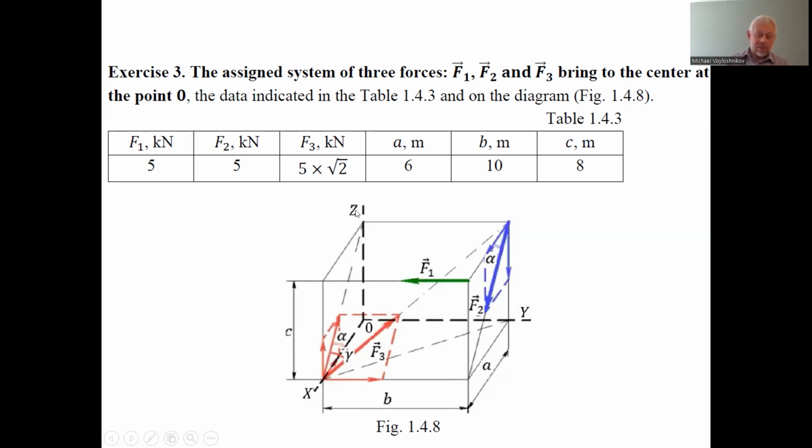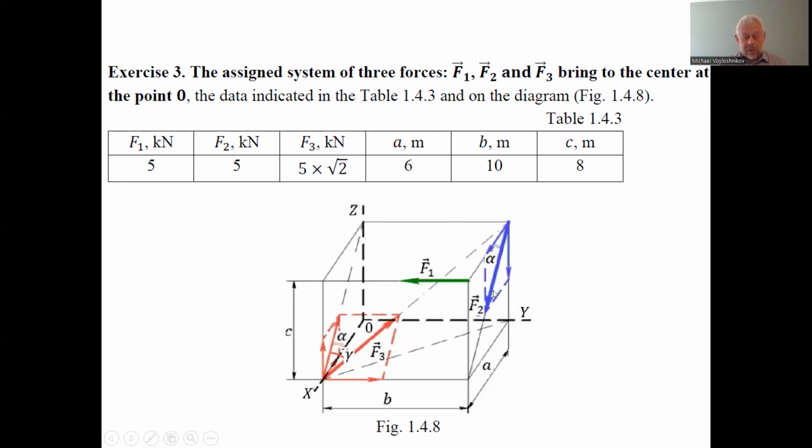If we are talking about the moments relative to the z-axis, first we have to indicate that the force F1 rotates clockwise, and the arm is A of force F1. For the force F2, the decomposition on the horizontal component causes the moment relative to the z-axis because the vertical component is parallel to the z-axis and does not cause a moment relative to the z-axis.